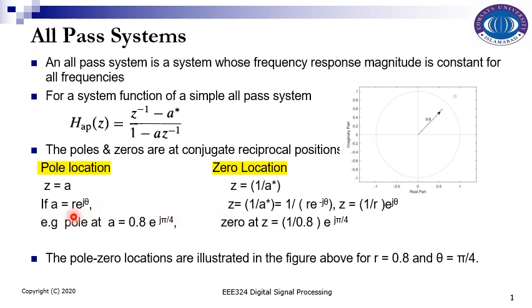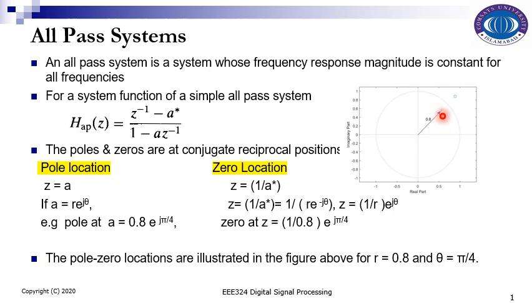We can see this also if a is any complex number r e to the j theta. For example, the pole is located at 0.8 e to the j pi by 4. So in this system there is a single pole at radius 0.8 and the angle is pi by 4.